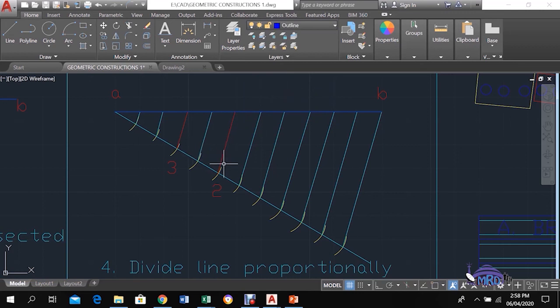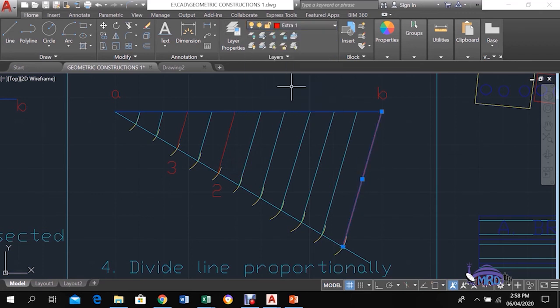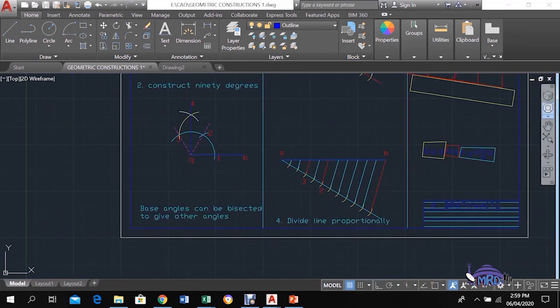So we will count again, 1, 2, and we will end up with the next parallel line. So that's starting to show us the ratio. Then we will count 1, 2, 3, 4, 5, 6, and that will give us the last parallel line. Using the same method that was used previously, this line is now divided proportionally into the ratio that is required.